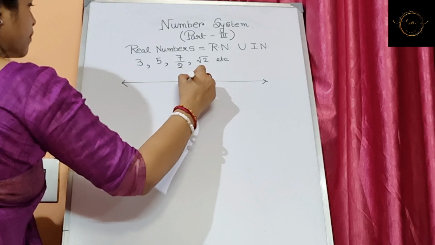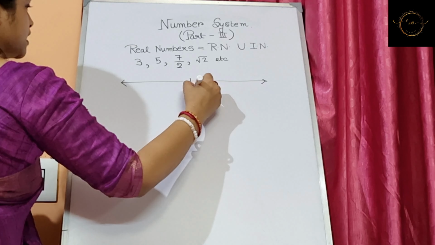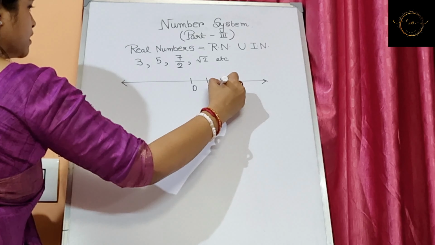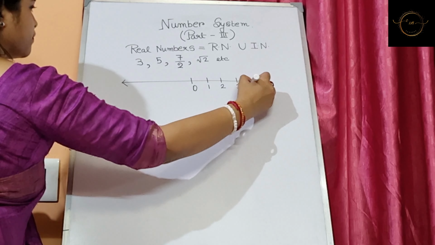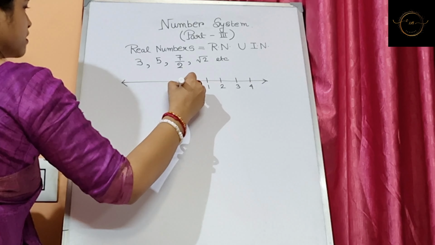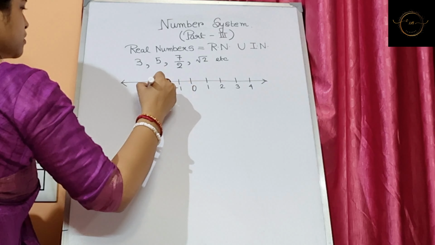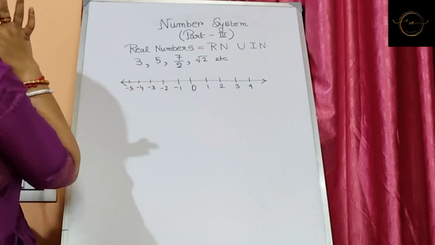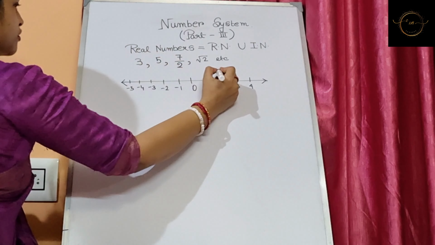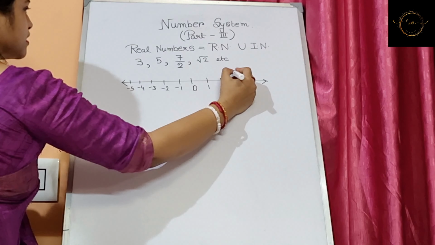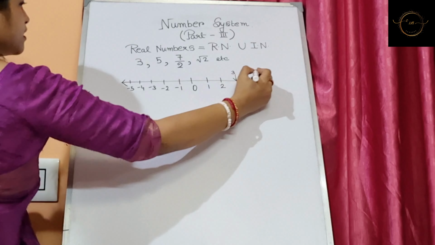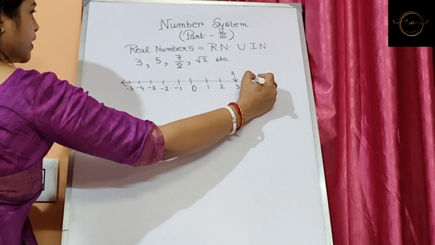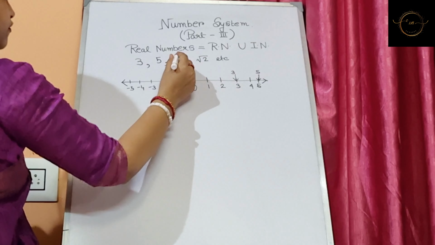If I draw the number line, this is the 0 mark, this is 1, 2, 3, 4. Again, this is -1, -2, -3, -4, -5. So 3 is this point, and if we make another point, this is 5.